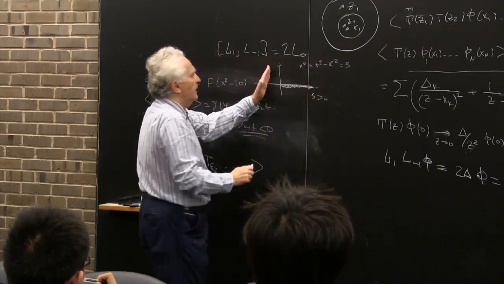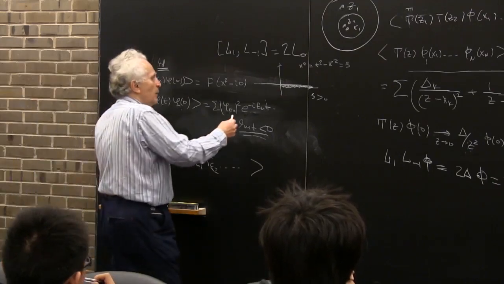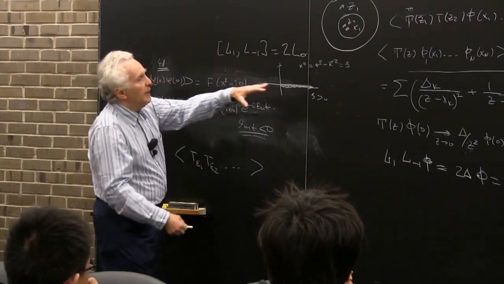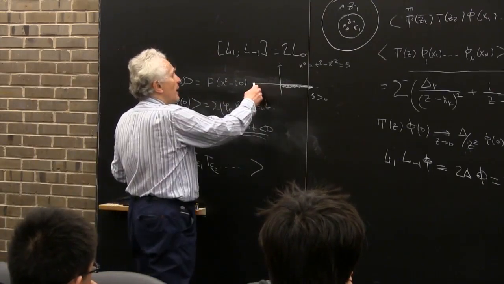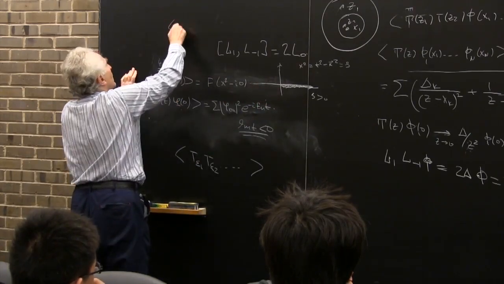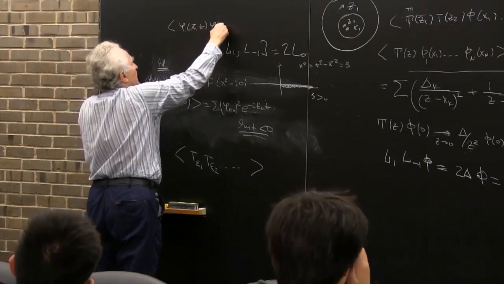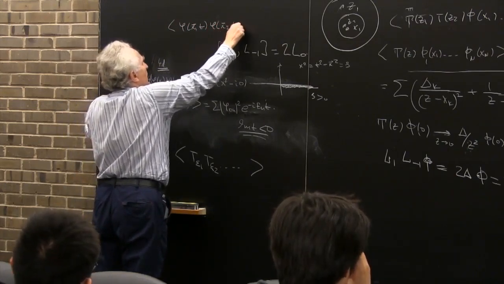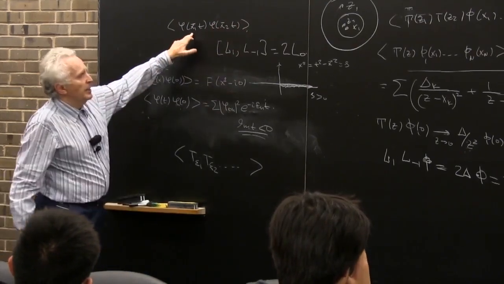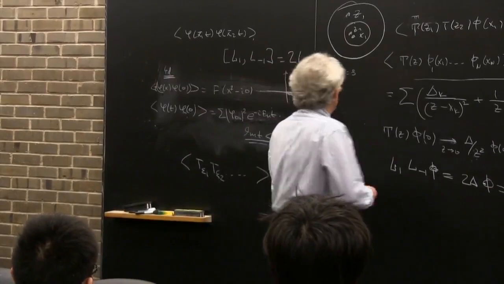And it's analytic here. What we mean by Euclidean field theory are the values which lie here.